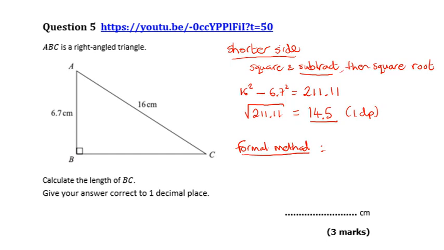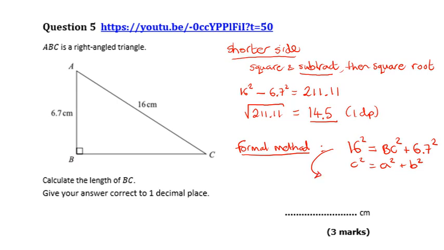So here I would write down 16 squared is equal to my BC squared plus 6.7 squared. This is Pythagoras' theorem. The hypotenuse squared is equal to the square of the other 2 sides added together. So you might recognise this as C squared equals A squared plus B squared, where C squared is the hypotenuse.